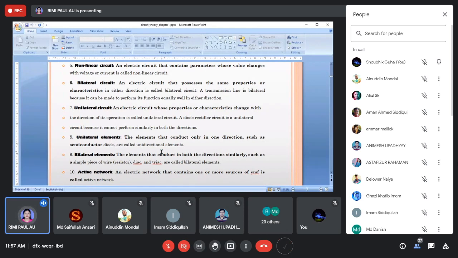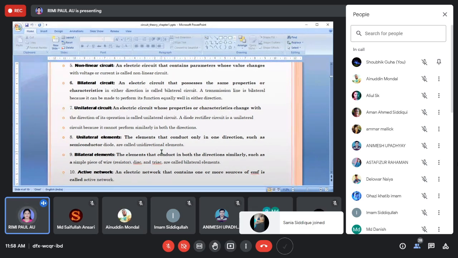But if I take a resistive circuit, then whatever the direction of current, it will flow through the resistive circuit. So an electric circuit that possesses the same properties or characteristics in either direction, that means if I change the current direction, there is no change in the properties or characteristics of the electrical circuit, that is called a bilateral circuit.